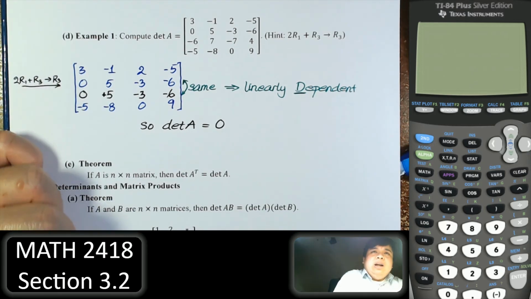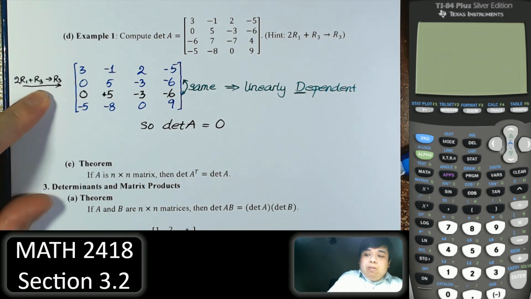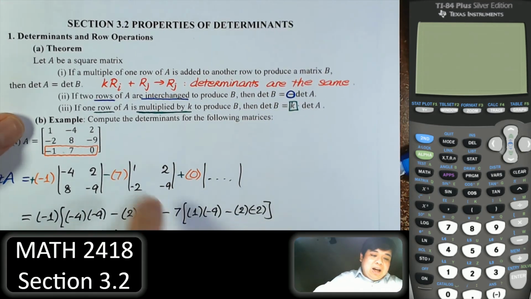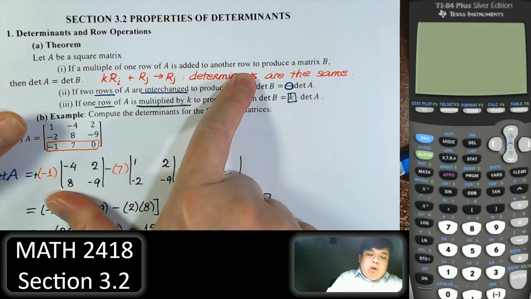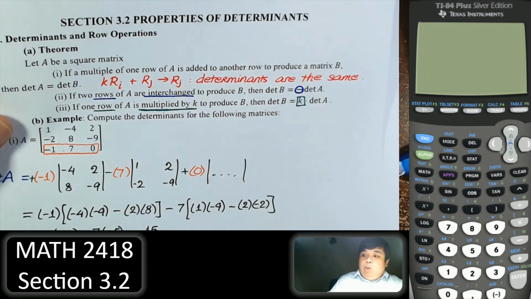And then you say, wait a minute, we did use this row operation. Does that change the determinant? It does not, because at the beginning of section 3.2 we say that if a multiple of one row of A is added to another row and replaced, then the determinant will be the same.